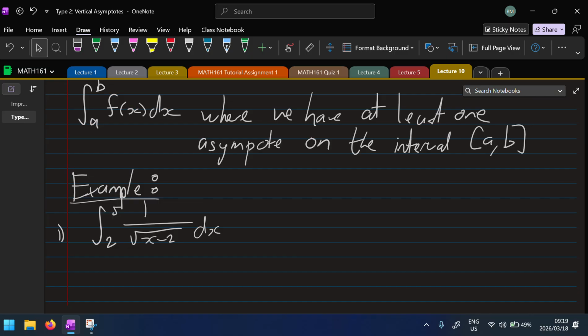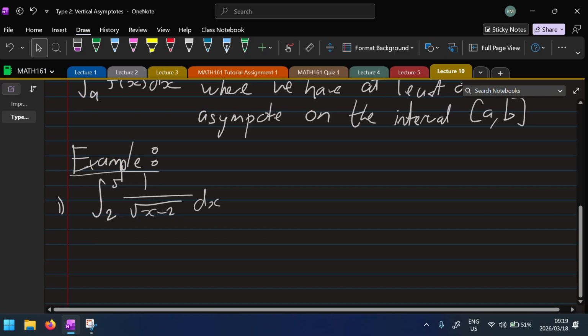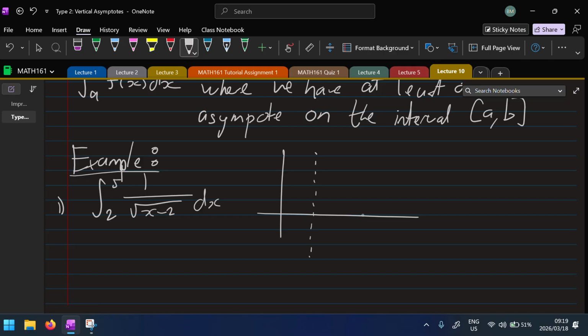There's a problem there. So here, it looks something like this. So at 2, there's an asymptote. So from 2 to 5, we have this. So we can't treat it as a normal integral, right? At 2, there's an asymptote there. You can't just substitute 2 into this function.